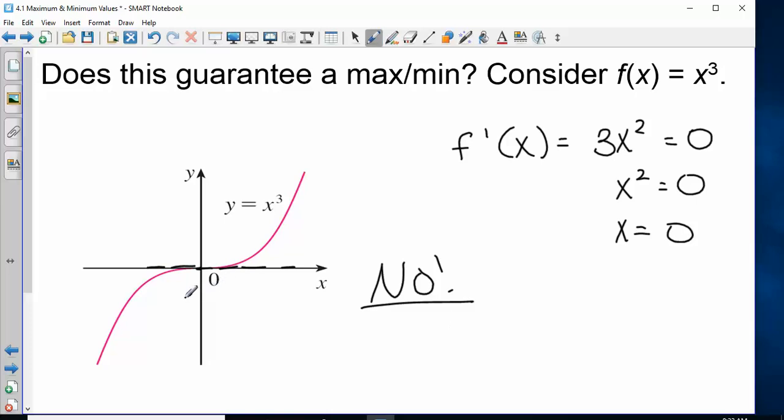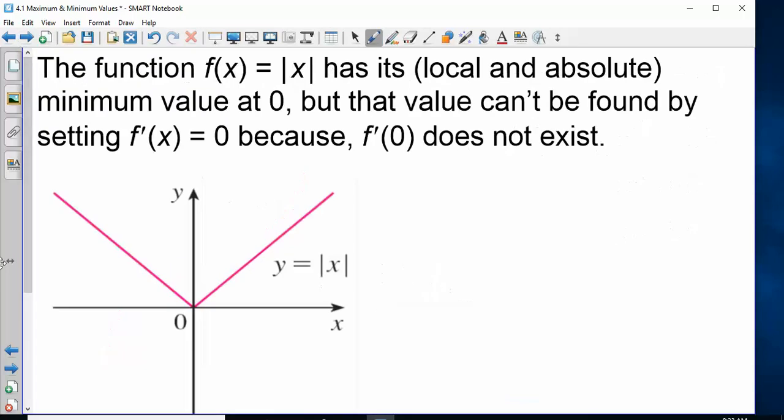You also have scenarios where there might be a maximum or minimum and our derivative isn't 0. If you think about the absolute value, can we all agree that this is an absolute and a local max? Or sorry, min, not max. Okay, but the derivative is actually undefined there. When we first talked about derivatives, we talked about if it's a sharp corner, the derivative doesn't exist because there are multiple tangent lines.